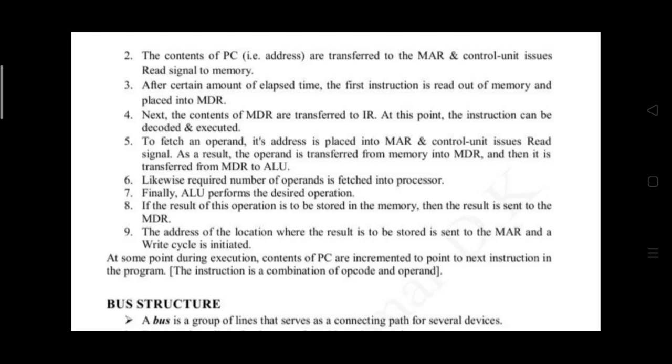If the result of this operation is to be stored in the memory, then the result is sent to MDR. From MDR, it will be transferred onto the memory. Follow the arrow mark. The address of the location where the result is to be stored is sent to MAR and a write cycle is initiated. Don't get confused about the read cycle and write cycle.